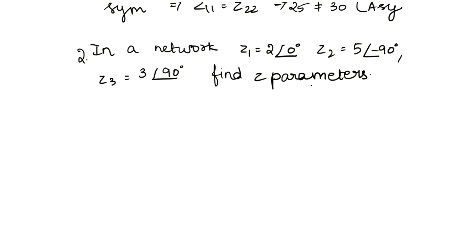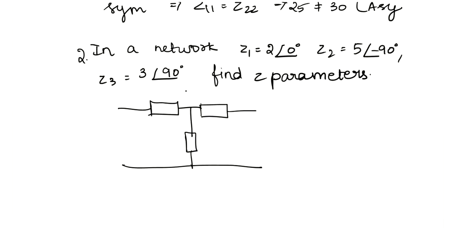The Z parameters are all four members: Z11, Z12, Z21 and Z22. In the diagram they gave a box, because it is not a resistor. They are given in terms of impedance. Impedance is nothing but the combination of resistor and inductor or capacitor. That's why they gave the box and named this one Z1, Z2 and this will be Z3. As usual the voltage V1 and here plus minus V2, the current flow will be I2 and this current flow will be I1.